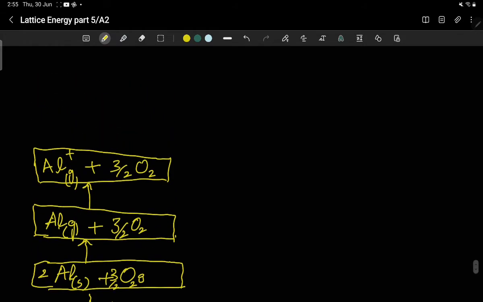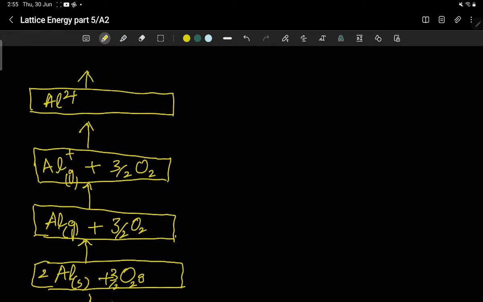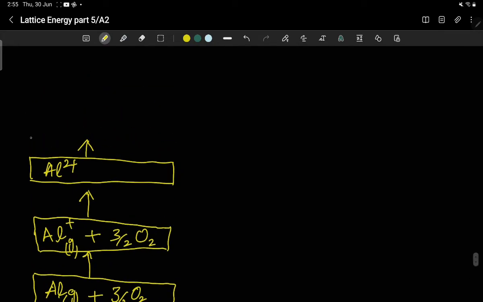Aluminium plus, aluminium 2 plus, aluminium 3 plus.